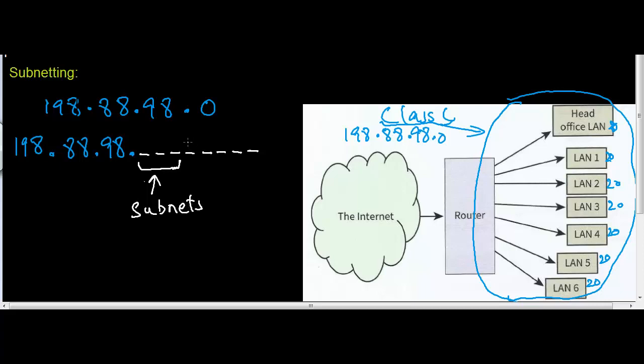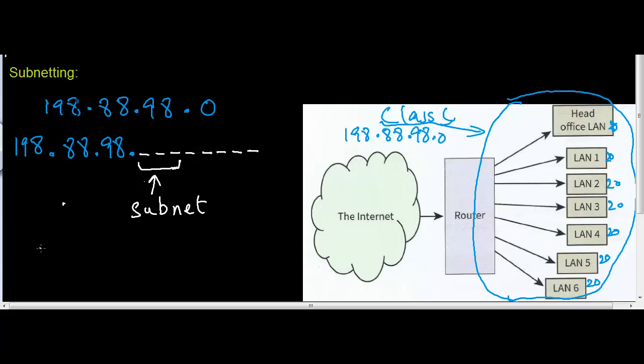So technically this is going to be used for a subnet, this is also going to be used for a subnet, and this is also going to be used for a subnet, and the remaining bits will be used for our host addresses. So out of the entire 8 host bits available to us, the network administrator will steal 3 bits and use them for our subnets.